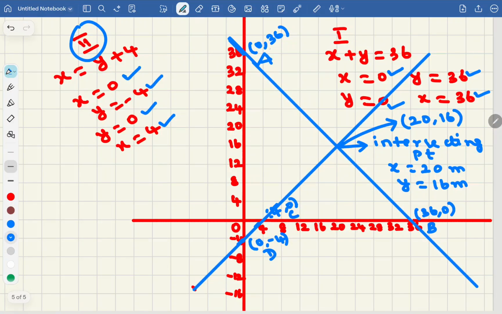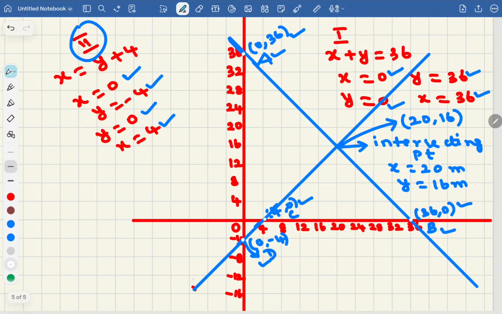We mark the first point (0, 36) as A. Second point (36, 0) as B. When x is 4, y is 0, point C. When x is 0, y is minus 4, mark it as D. This is the point C, this is point D, this is point A, this is point B.